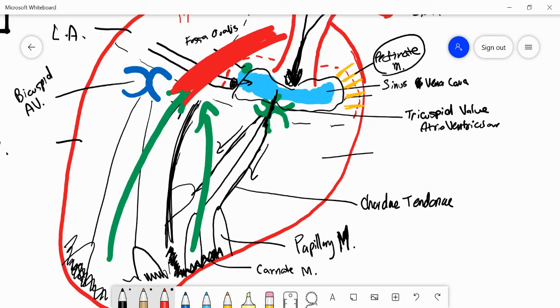It's going to go into the aorta, but in order for it to do this, it has to go through these little semilunar valves. And I'll just draw this here.